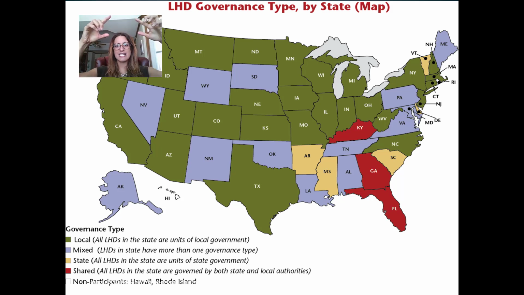The state decides how to carry out health, and the satellites just follow what the lead says. And then everything in blue is mixed, everything in red is really a shared 50-50. You see much more, though, that local health departments and local government have more say over how to carry out health as compared to the state as a whole.